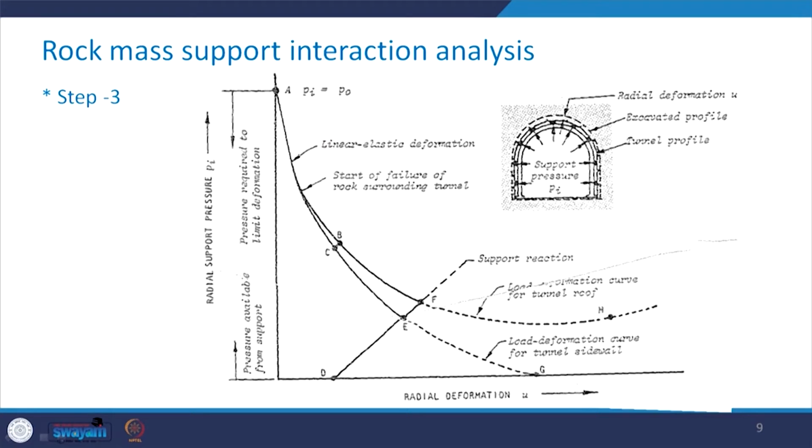Corresponding to this, you have the deformation here corresponding to this point D. So in case there is no time dependent behavior of the rock mass, we are still here at these 2 points, that is B and C. And see, here at point D you will not need any support pressure. So here you see that it is starting from this point O. So support pressure here corresponding to the point D is going to be equal to 0.